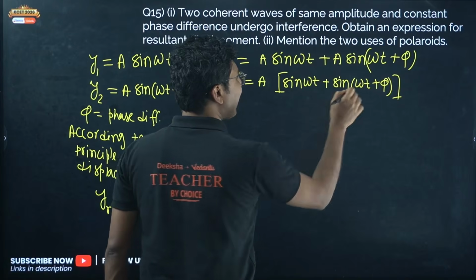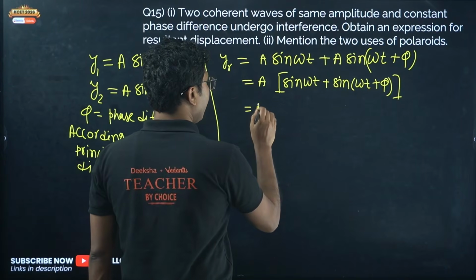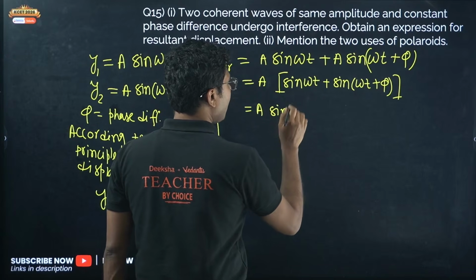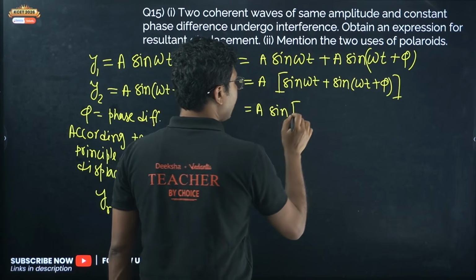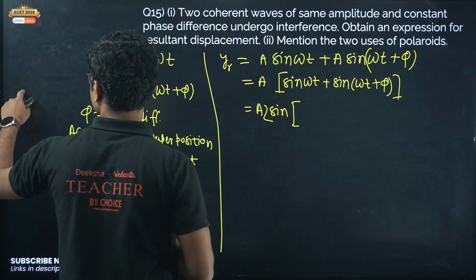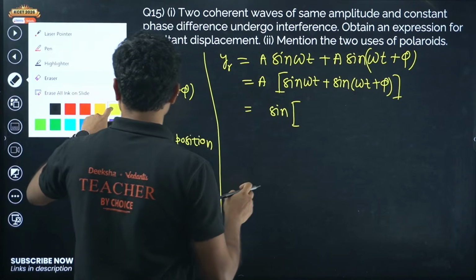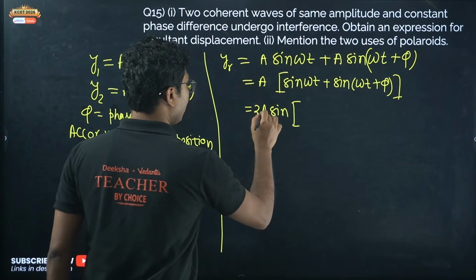Now this is the sine a plus sine b formula. Why is this 2 coming?